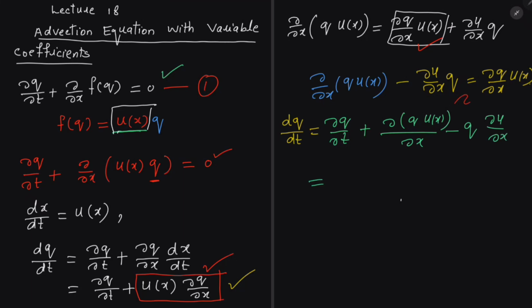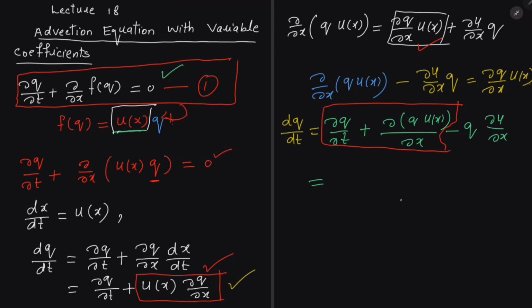Now you can see that the first quantity is the same as equation 1 with this flux function f, so it is equal to 0. So dq by dt equals minus q partial u by partial x. Now we can see that dq by dt is not equal to 0. It can only be equal to 0 when q is equal to 0, which is not possible.